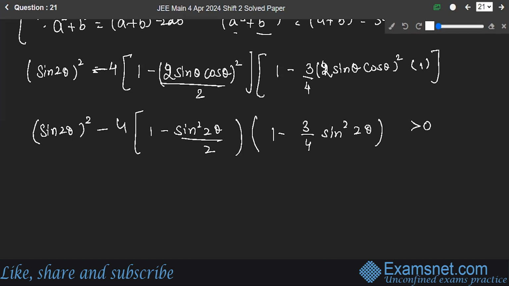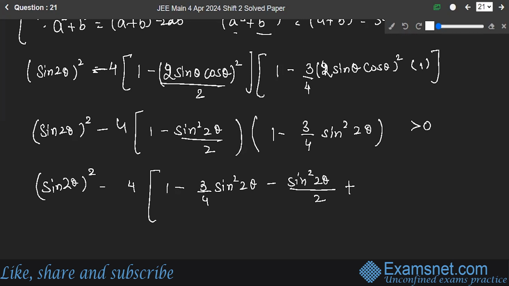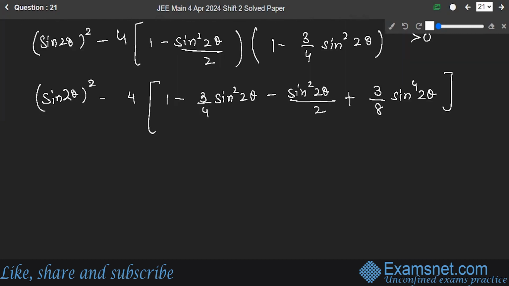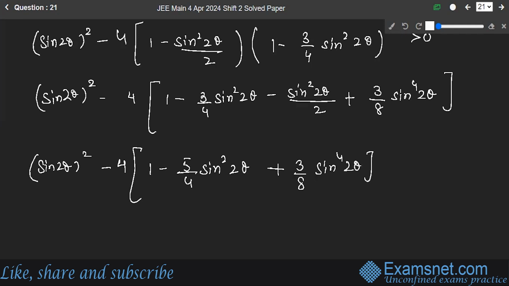So let's multiply both of them. You have sin 2θ whole squared minus 4 into this, which will be 1 minus 3 by 4 sin²2θ minus sin²2θ upon 2 plus 3 by 8 sin⁴2θ. So sin²2θ minus, on solving, minus 3 by 4 and minus 1 by 2 will give me minus 5 by 4 sin²2θ plus 3 by 8 sin⁴2θ.